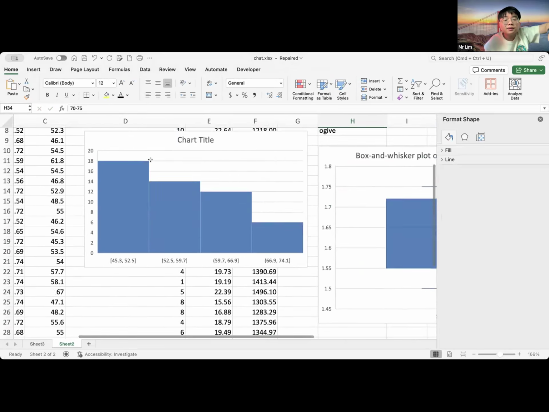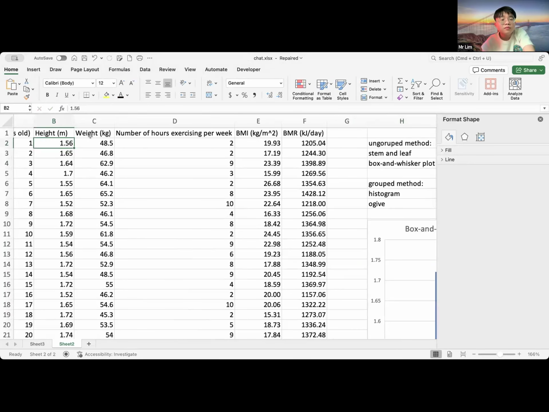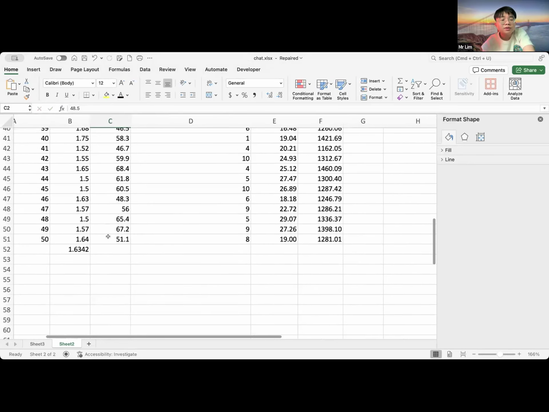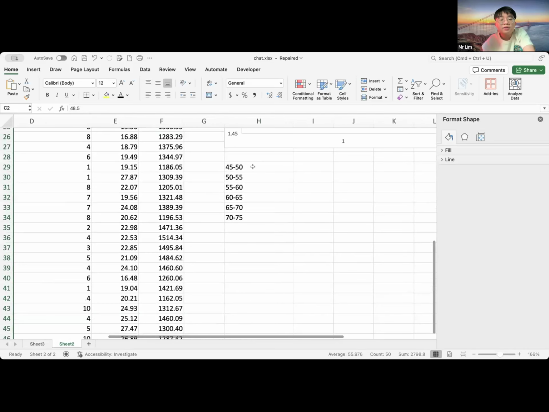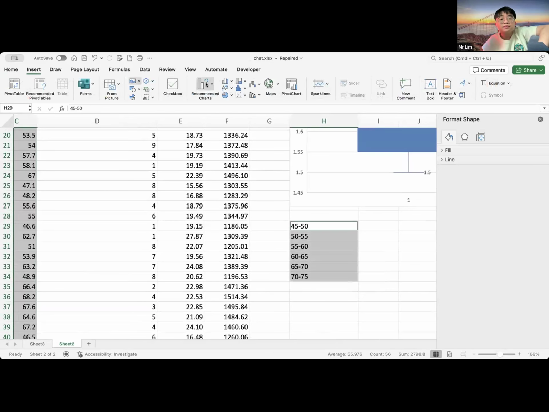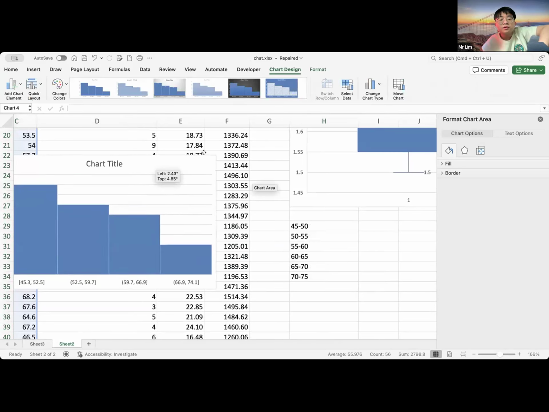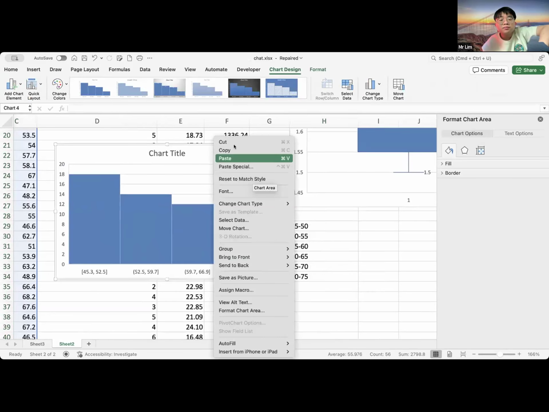So let's say, wait, let's generate again. And at the same time, select this also. Go to insert, recommended charts, histogram. Okay, no also.